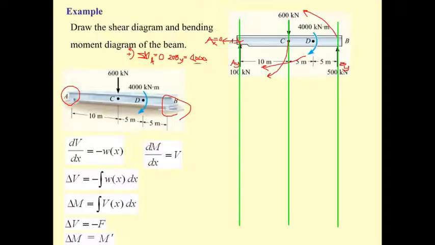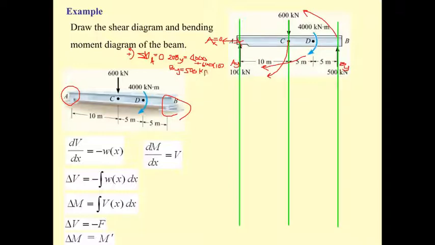So we plus 600 times 10, that's going to be 10,000. So our B sub y is 10,000 divided by 20, that is going to be 500 kilonewton.